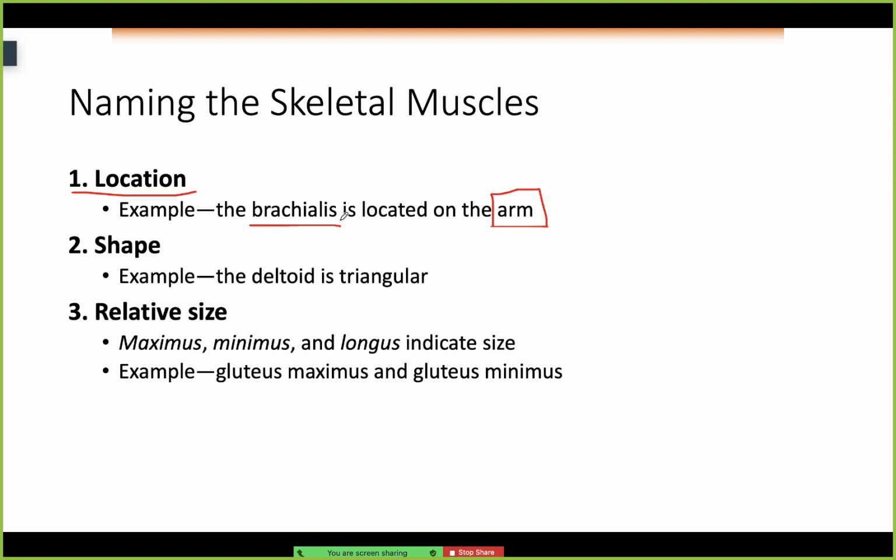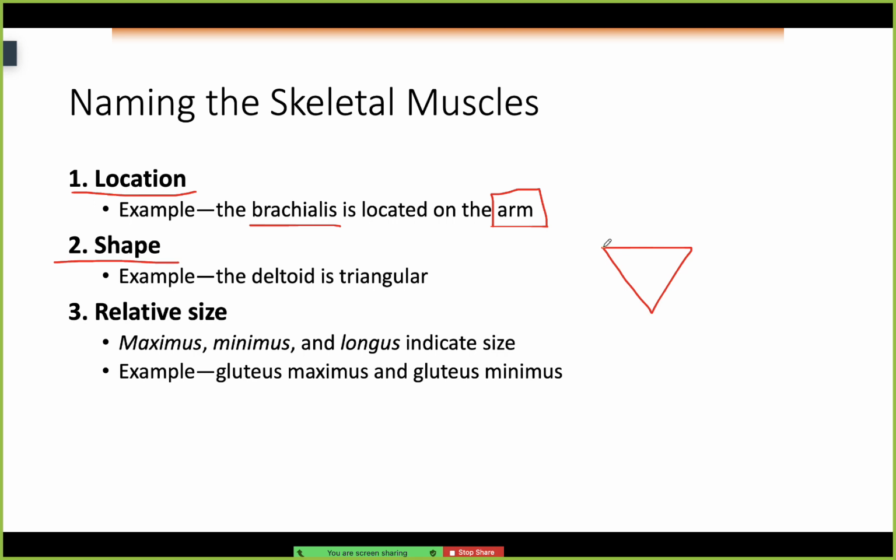So oftentimes muscles will be named based on the location that they're found. For example, if you do sit-ups, you're working at your abs. That's the abdominal region. The name of that muscle is called the rectus abdominis. Abdominis, abdominal region. Another way to name muscles is by their shape. The muscle that's found on your shoulder is this shape.